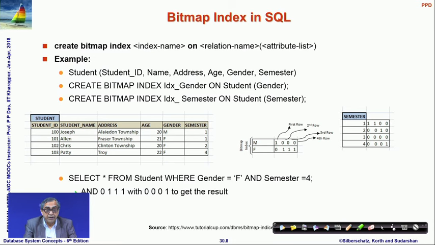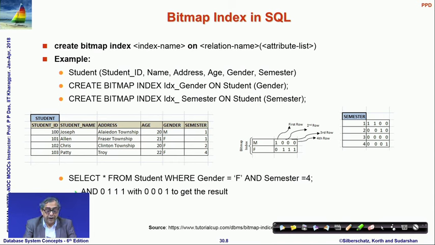These are very typical candidates for bitmap index, because gender can take 2 values here, male and female, and semester can take 4 values: 1, 2, 3, 4. So, the bitmaps are shown here, and if I want to do a select where the gender is F and semester is 4, then it is basically ANDing the bitmap of F, which is 0, 1, 1, and the bitmap of semester 4, which is 0, 0, 1.